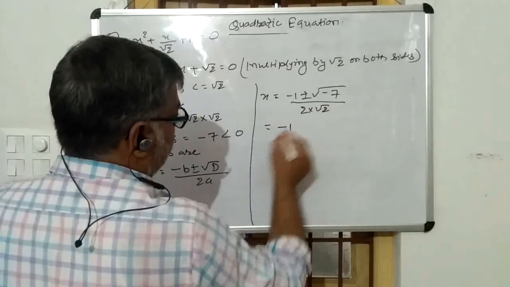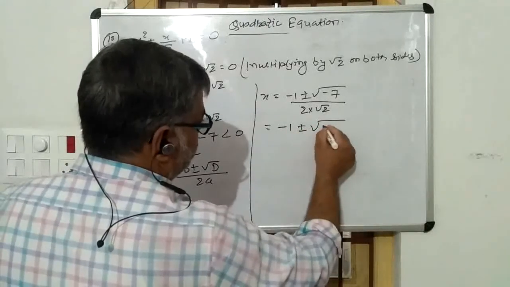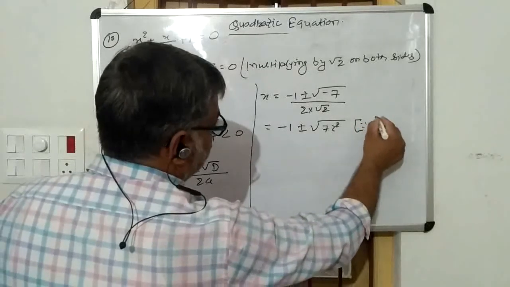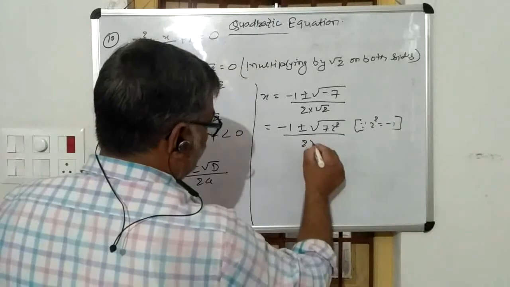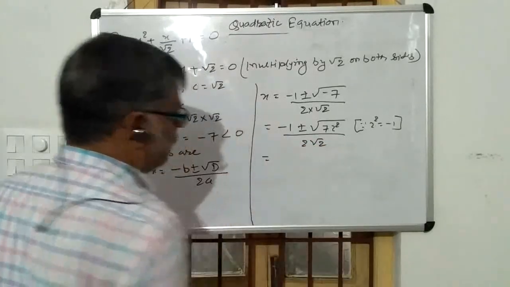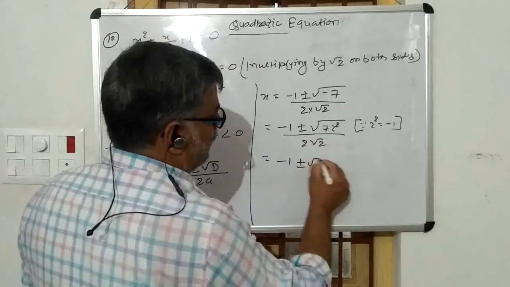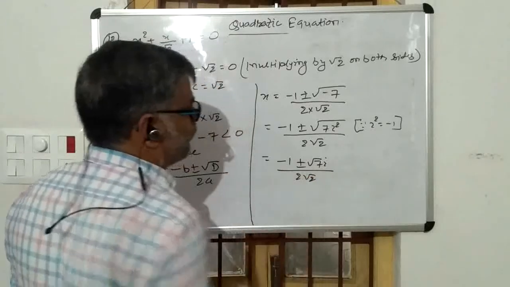So we have the value minus 1 plus minus. You can write minus 7 as 7i square, because you know that i square equals to minus 1, by 2 root 2. So you can have minus 1 plus minus under root 7i by 2 root 2.